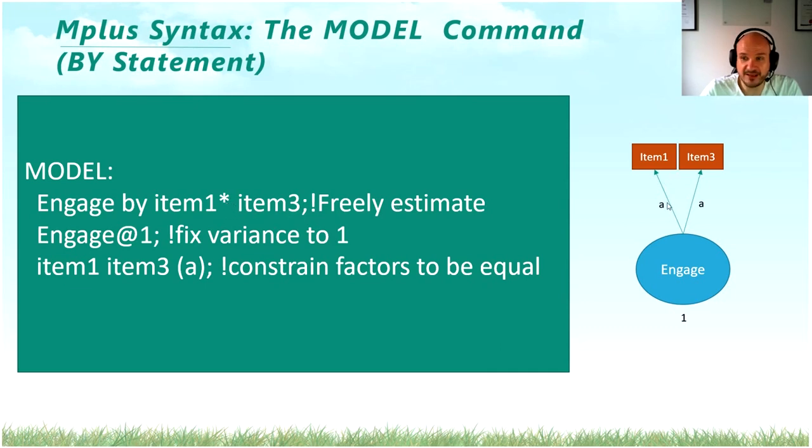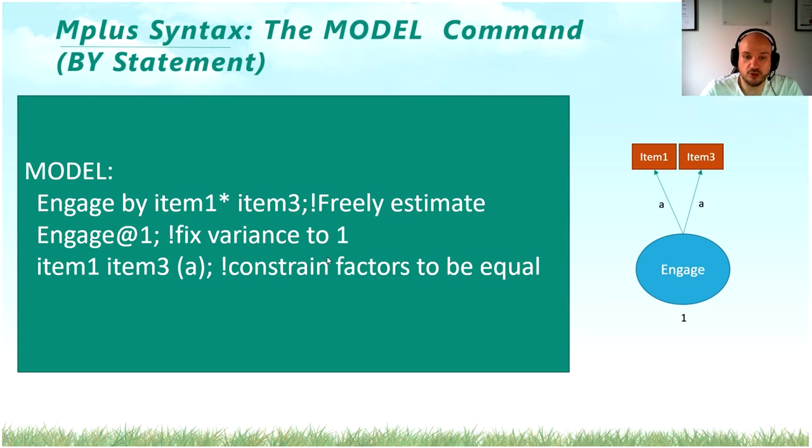And if that doesn't work, you can constrain the 2 paths to be equal. Once we constrain the 2 paths to be equal, we attribute the variance as 1 to engagement. It will then freely estimate the 2 factors. Okay, so these are the 3 steps that you can do to help you to manipulate it a little bit to get your model to run.